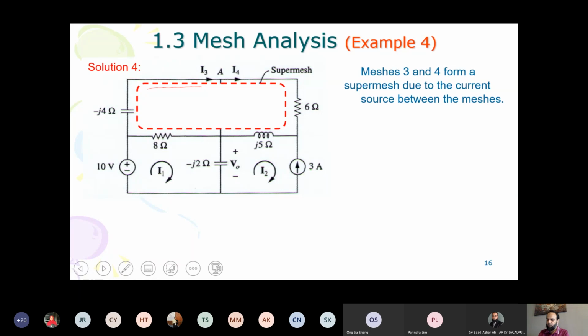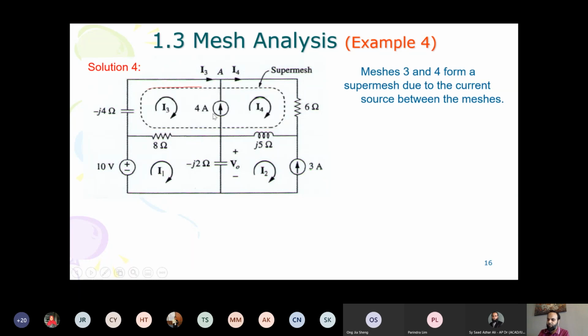And if you take a look one more time, we can see that we have an equation coming from this particular branch, which, if this is I4 and this is I3, we can say I4 is in agreement with 4 ampere.